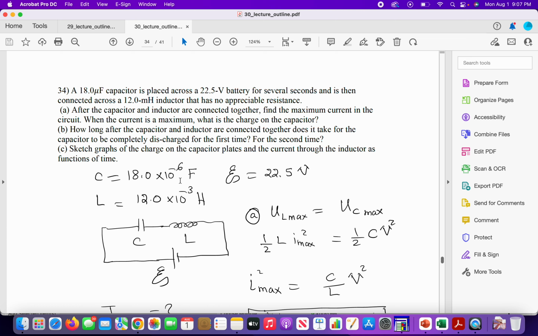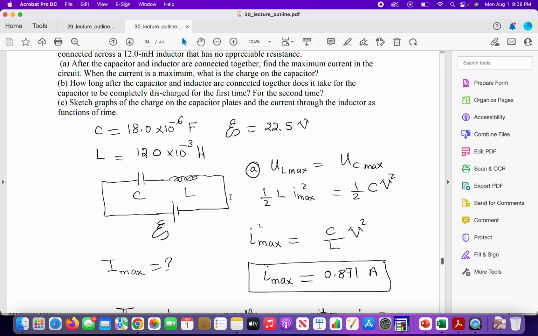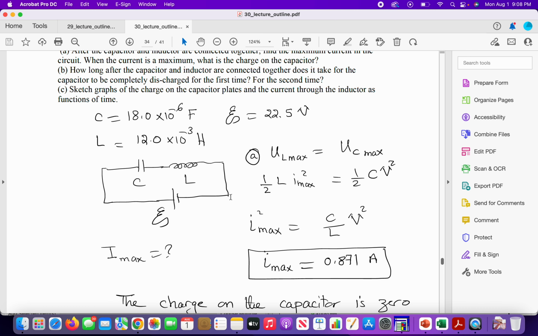Here I listed my quantities, C, L, and the EMF, and I also drew the circuit. U_L maximum equals U_C maximum. U_L maximum is 1/2 L I maximum squared, and this equals 1/2 C V squared.